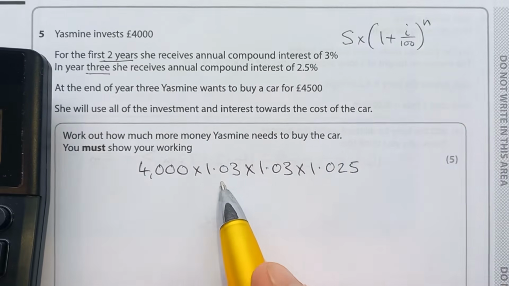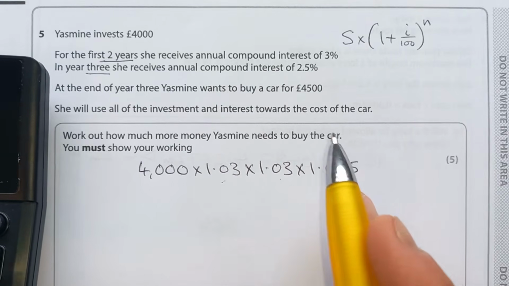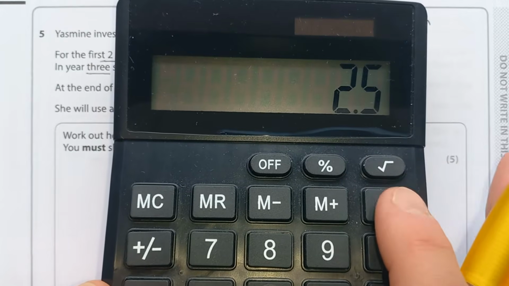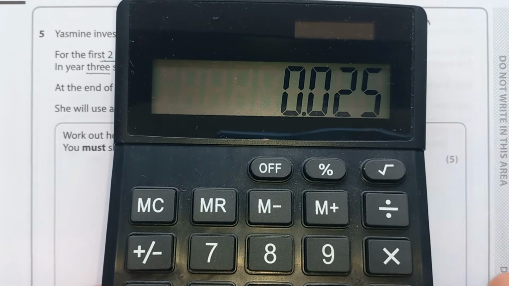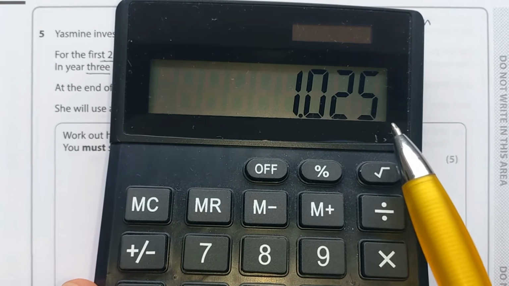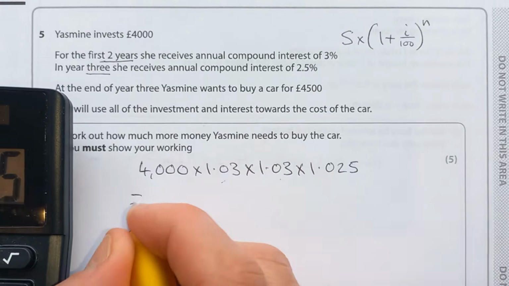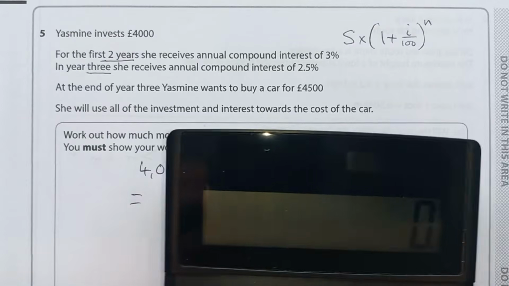So that works for the first year, the second year, and that third year, as I say, we've got 2.5%. So it's like 2.5 divided by 100, which gives 0.025. But then we add on the 1, because again, we've got the whole amount that's been invested. So we end up with something that looks like this, which we can type straight into the calculator.